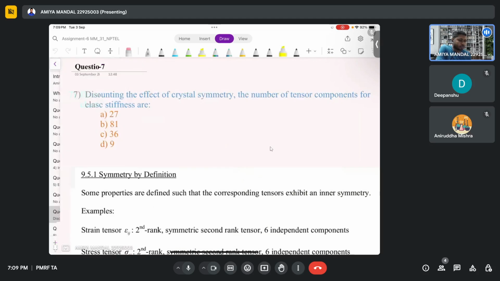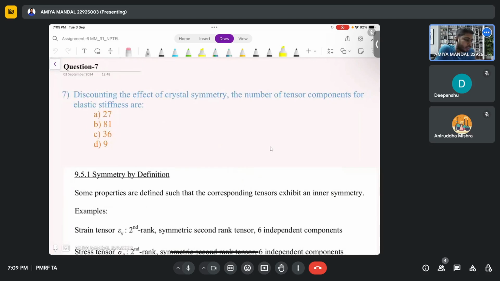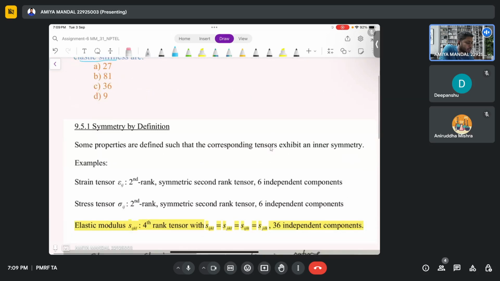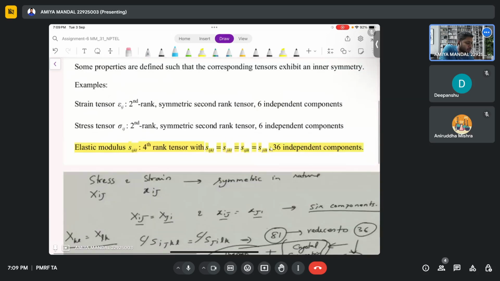Now question number 7: discounting the effect of crystal symmetry, the number of tensor components for elastic stiffness are? So what is elastic stiffness? Elastic modulus.